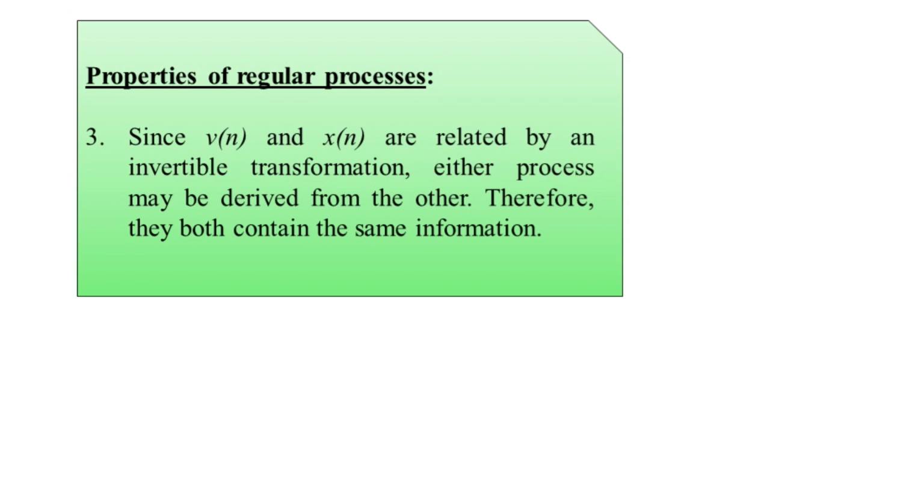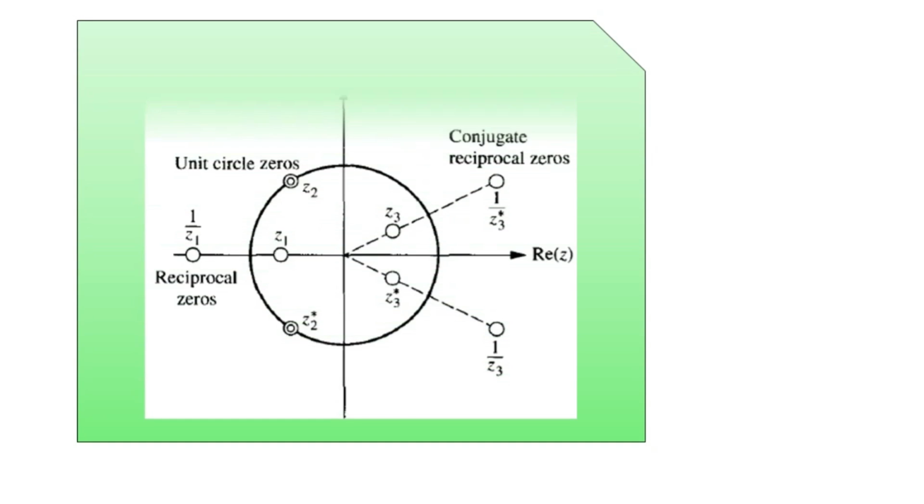To conclude this topic, we are going to see one illustration. This illustration shows the symmetry constraints placed on the zeros of the power spectrum of a real valued random process, when the power spectrum is a rational function of z. In this illustration you can see the symmetry constraints with respect to z1 and 1 upon z1, z2 and z2 conjugate, and z3 and z3 conjugate, with 1 upon z3 conjugate and 1 upon z3.